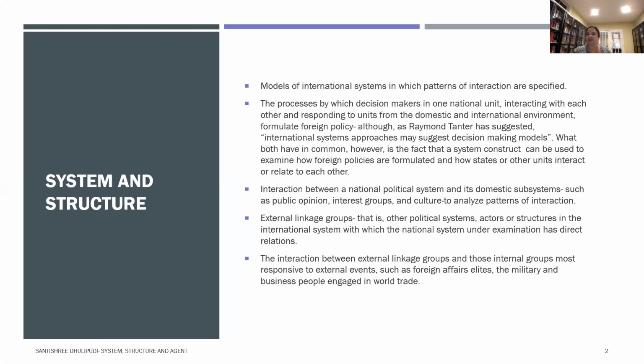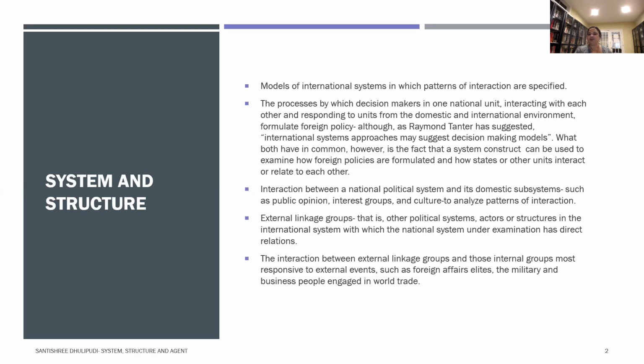Although, as Raymond Tanter has suggested, international system approaches may suggest decision-making models, what both have in common is that a system construct can be used to examine how foreign policies are formulated and how states or other units interact and relate to each other.